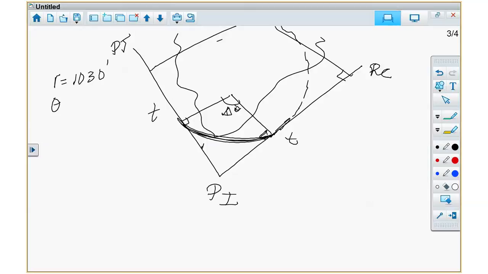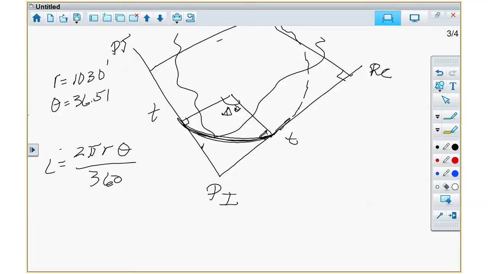Theta is equal to 36.51. And basically, you want to find the length of the curve. You can find the length of the curve by using L is equal to what I just showed you a while ago, 2 pi r I, which I is delta, and that would be theta, over 360.